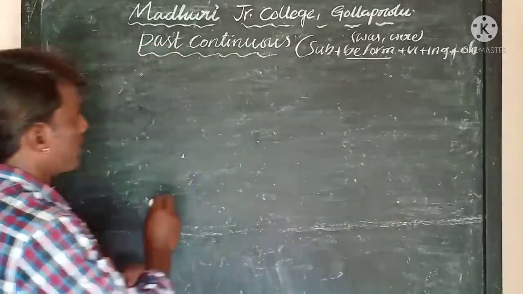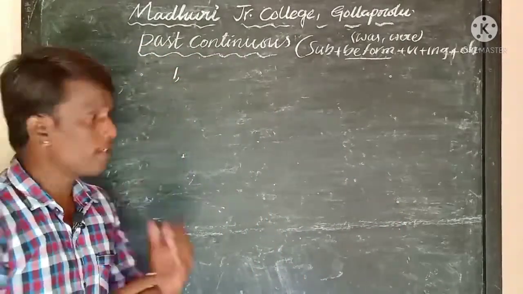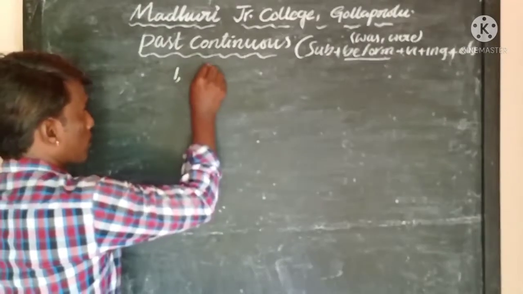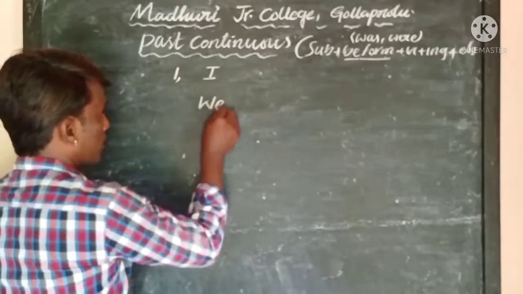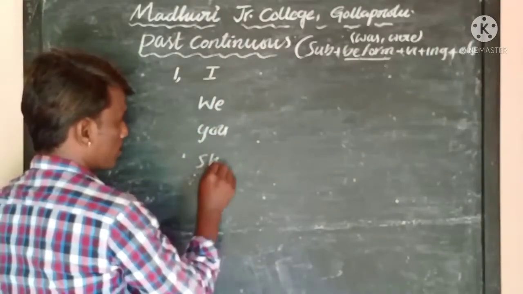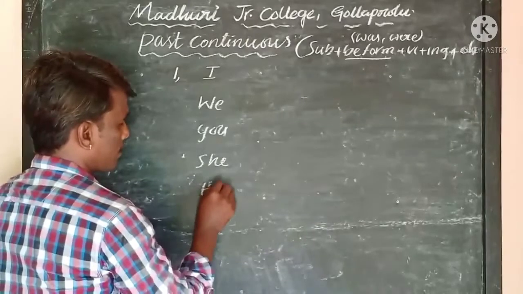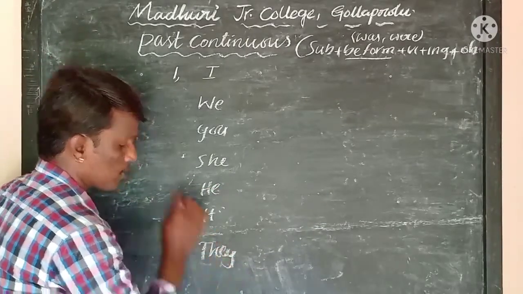Okay, now let me write some examples of the past continuous tense. So I take all the pronouns. What is the first pronoun? I, and second pronoun we, third one is you, fourth one is she, he, it, and finally the last pronoun is they.